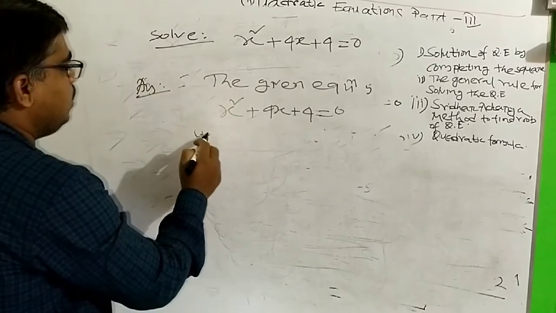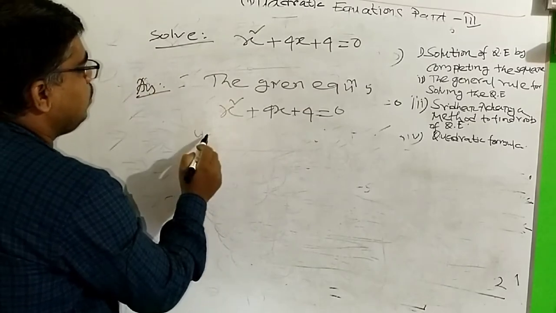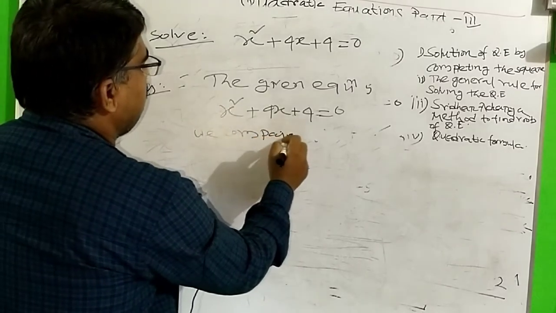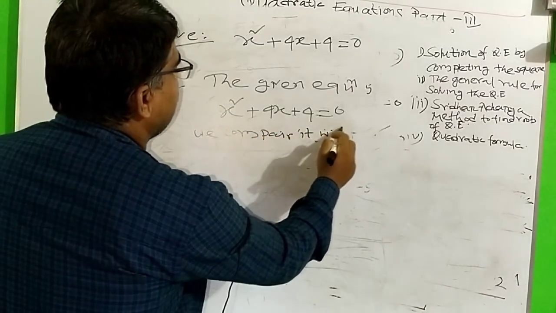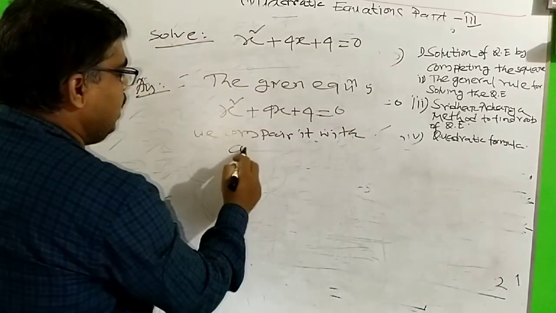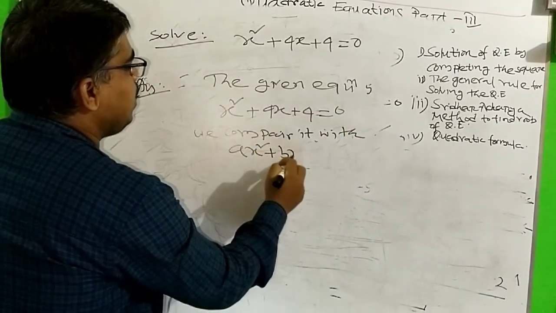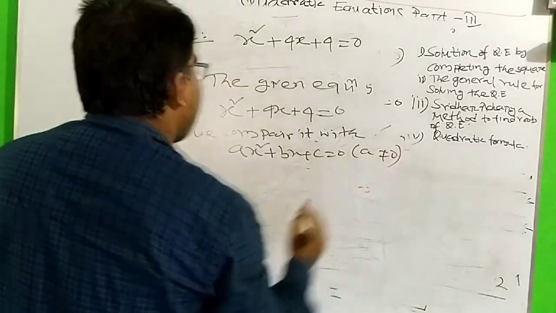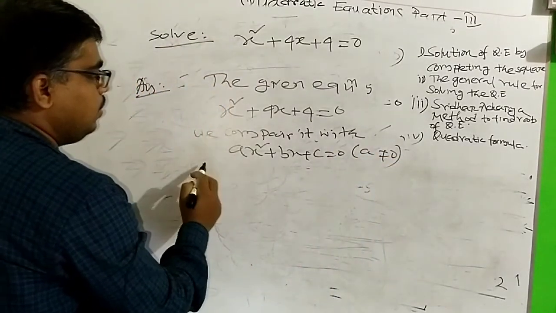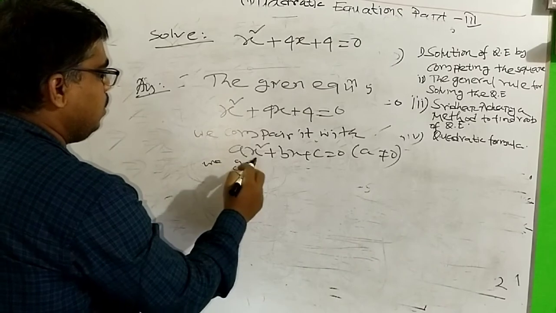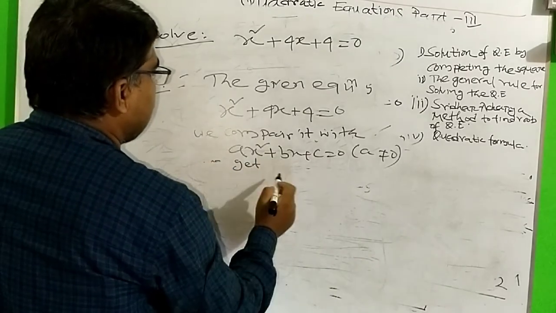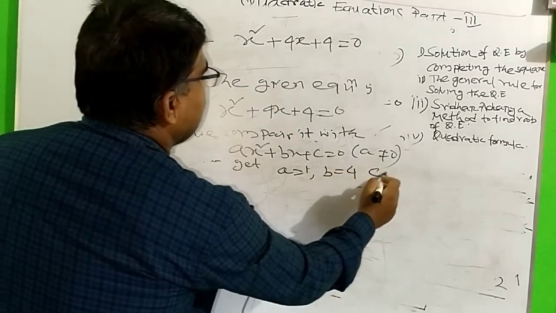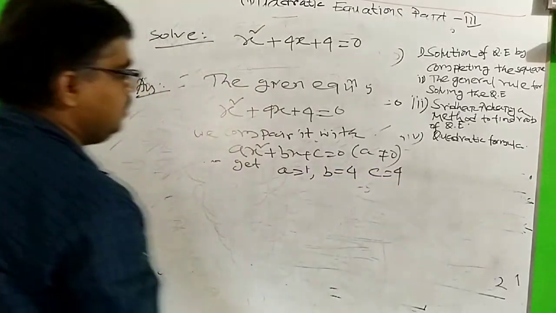We compare it with ax square plus bx plus c equal to 0, where a not equal to 0. We get a equal to 1, b equal to 4 and c equal to 4.